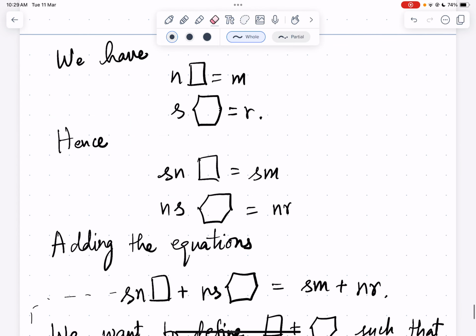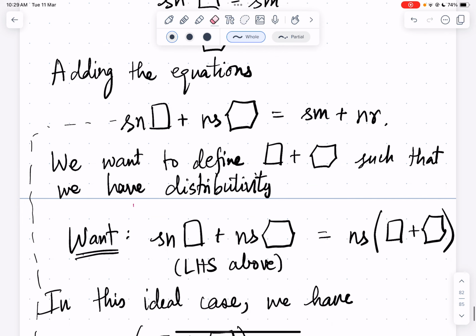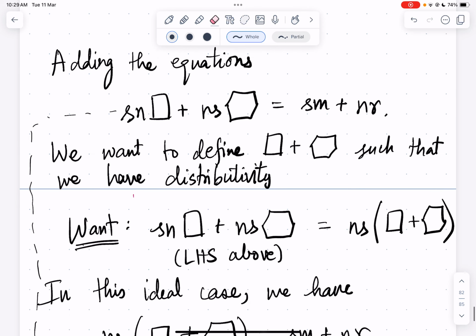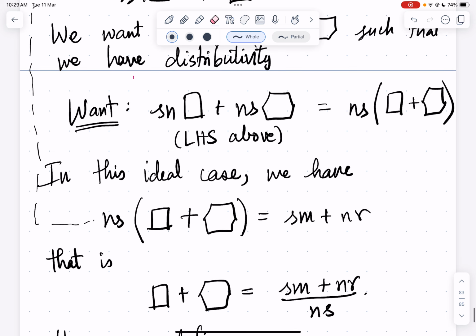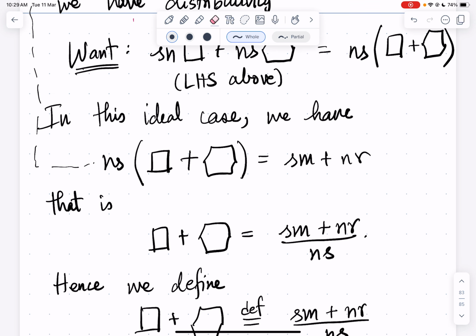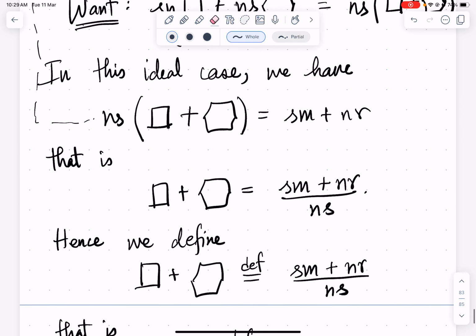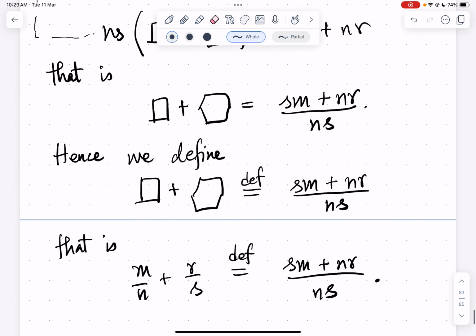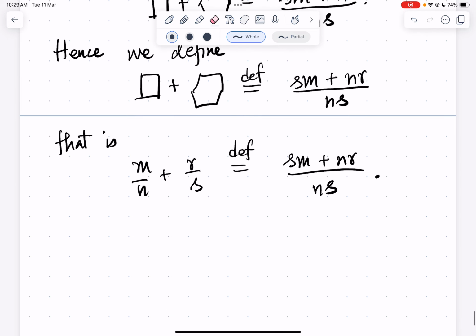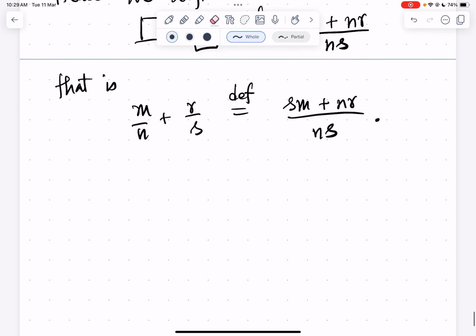We multiplied and we added, and then we wanted to define box plus hexagon such that we can take ns common out of the left hand side of the equation, and we can write in the ideal case box plus hexagon equals sm plus nr by ns. Hence we define box plus hexagon to be this quantity sm plus nr by ns, that is m by n plus r by s equals sm plus nr by ns.